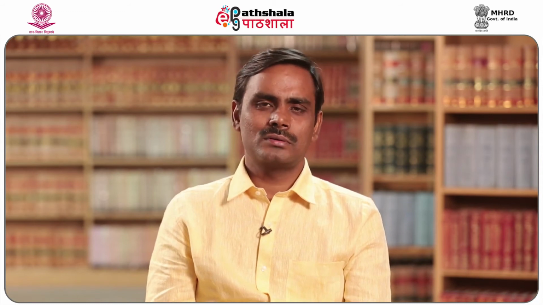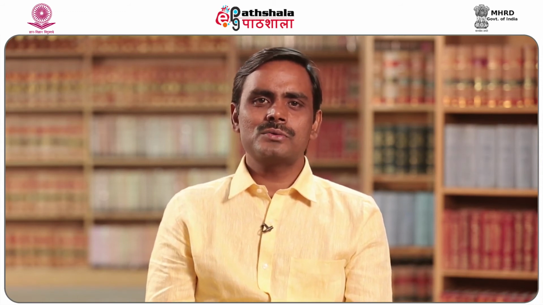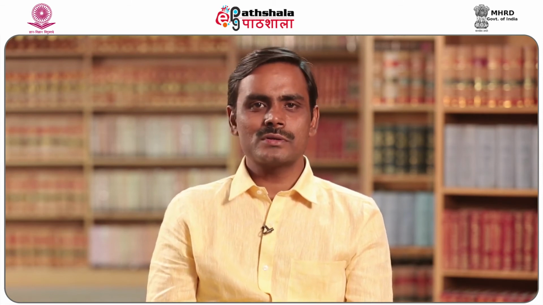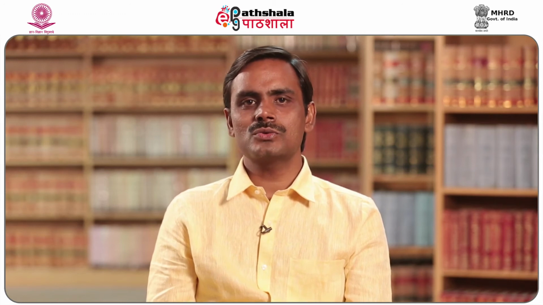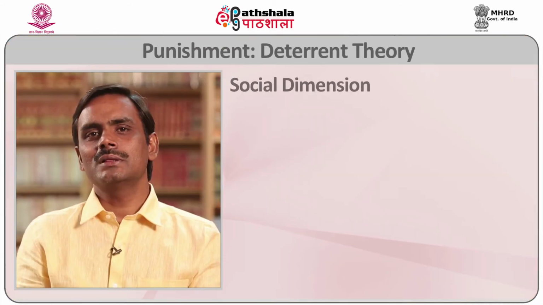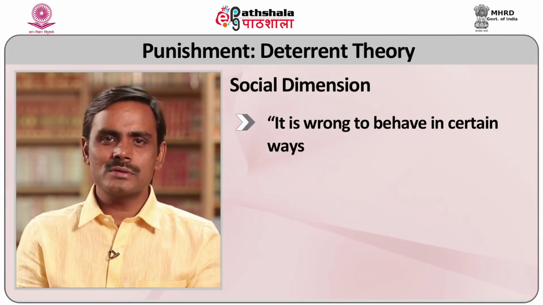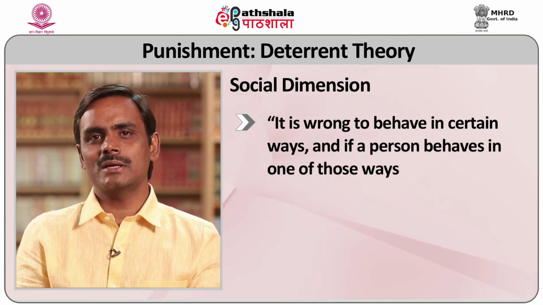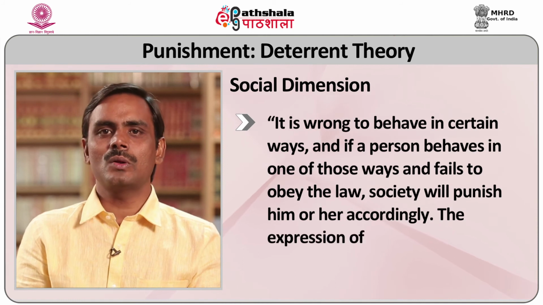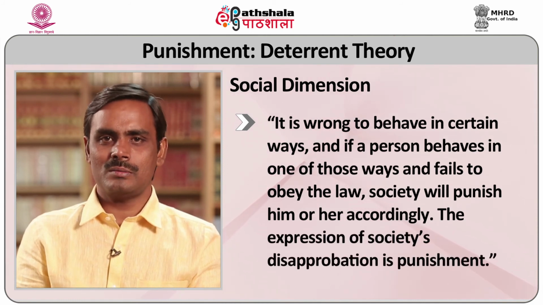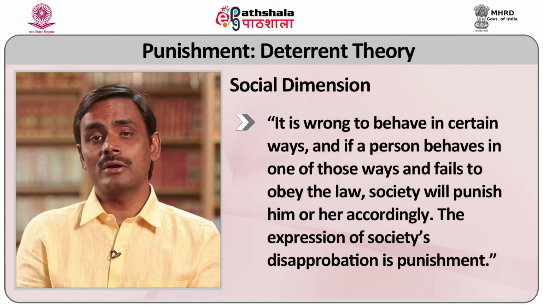Now, we will try to see the social dimension of deterrence theory. According to deterrence theory, people are punished with a view to conveying a message to others in society that it is wrong to behave in certain ways, and if a person behaves in one of those ways and fails to obey the law, society will punish him or her accordingly.